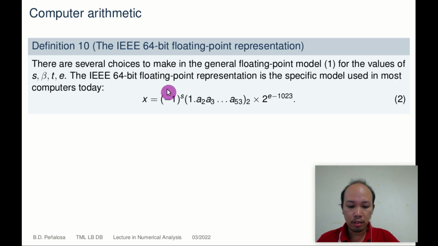Notice if you have a manufacturer of a computer in America, in Russia and China, they also have a manufacturer of a computer. Then each manufacturer developed their own internal floating point number system.